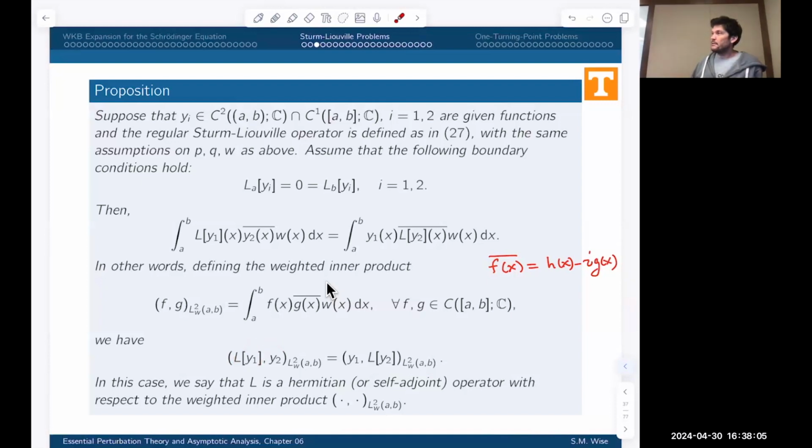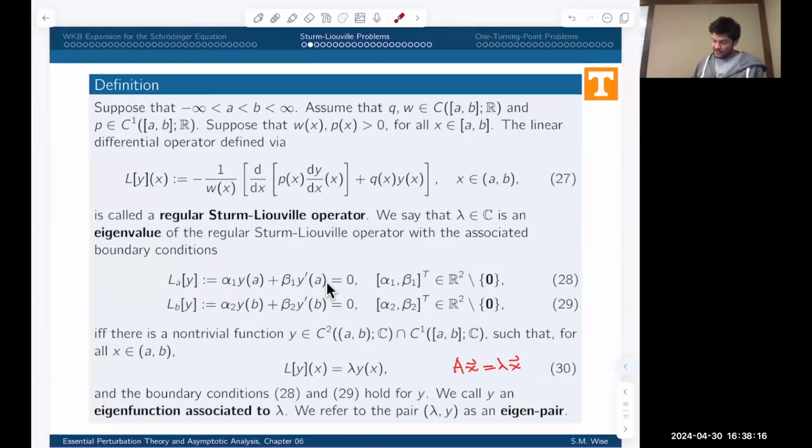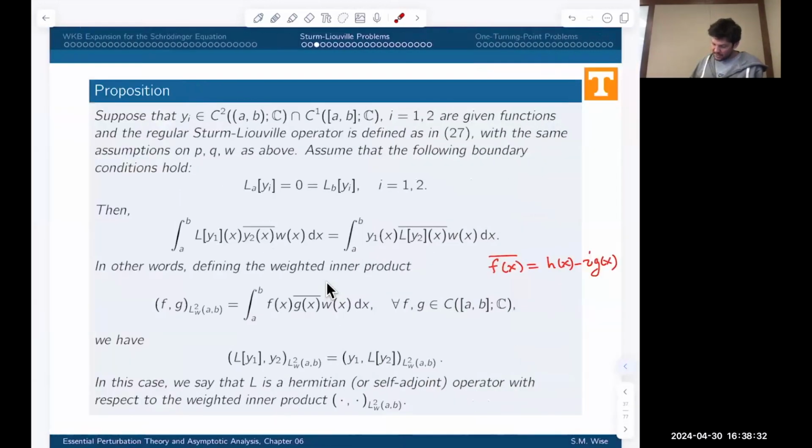The only penalty that I incur by doing that is that it's complex conjugated, which doesn't matter too much because w, p, and q are all real valued functions. So the complex conjugate doesn't mess with those. It's only going to mess with the y function. So this just says that the Sturm-Liouville operator is a Hermitian operator.